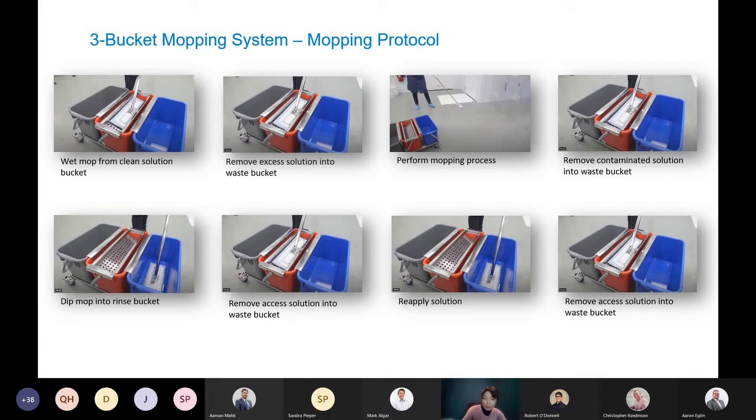But even though it's an improvement from the two-bucket system, this system does not prevent the user from dipping a soiled mop into the clean bucket. Even though the mop has been rinsed, you can argue it's not completely clean, right? There's still contaminants or dirt in the mop. So the entire clean solution is contaminated.